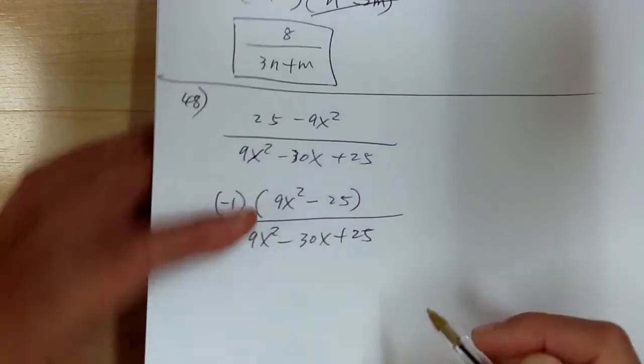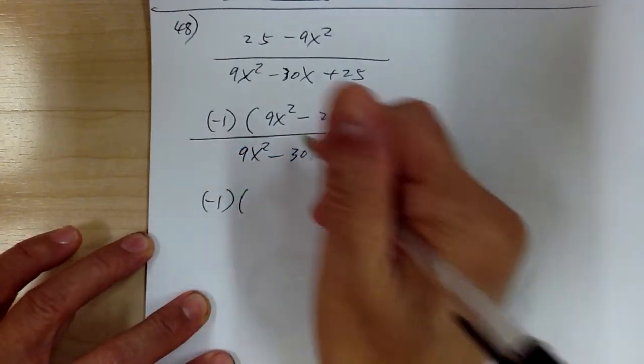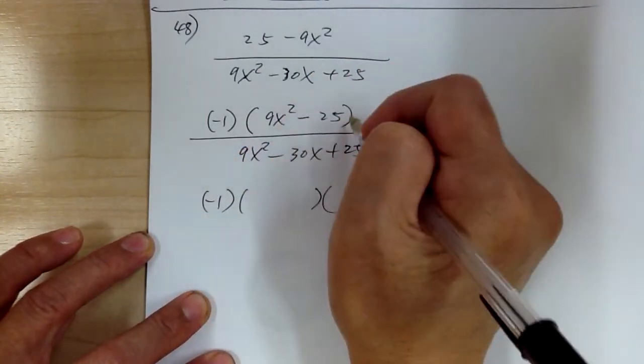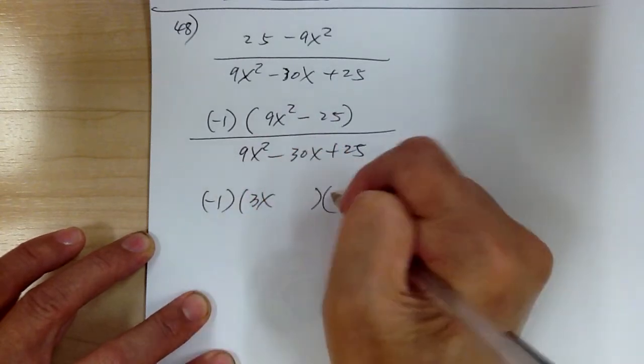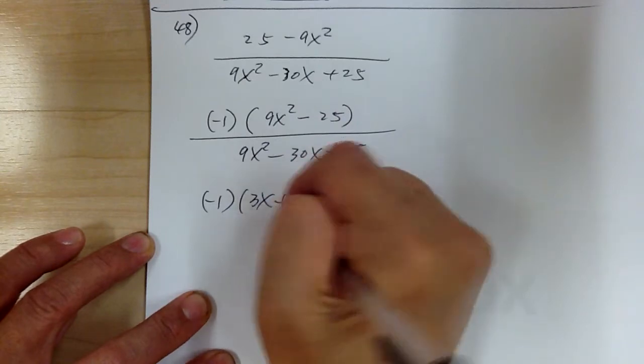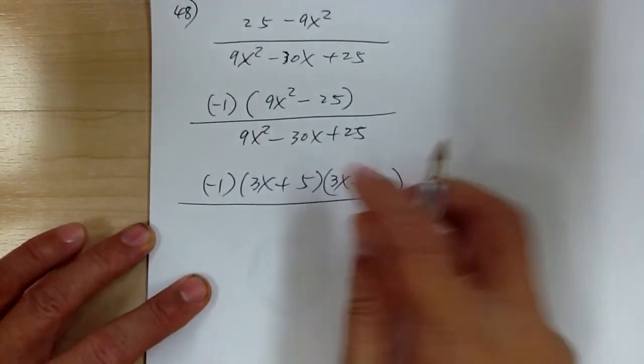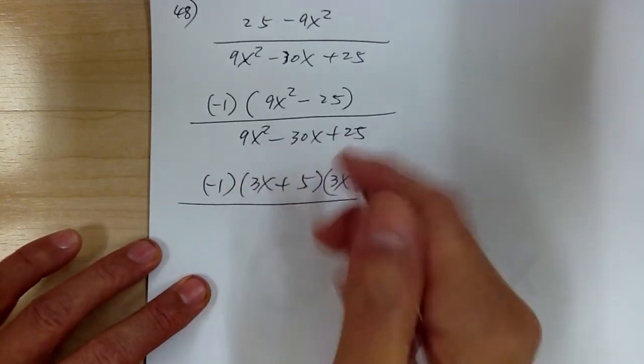Now you're going to do factoring. On the top, this is from before. Now this is the difference of squares. So you're going to get 3x and 3x: 3 times 3 gives you 9, x times x gives you x squared, plus minus 5. So you need to know your factoring already. Now this one over here is your perfect square.